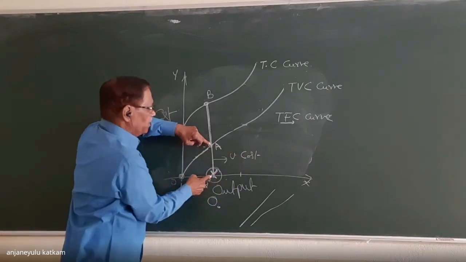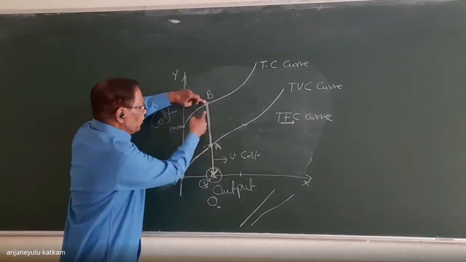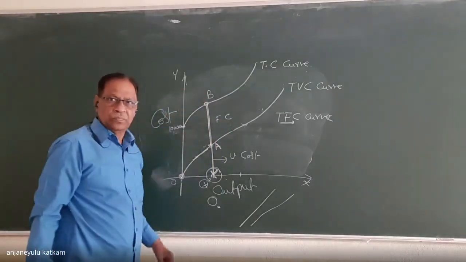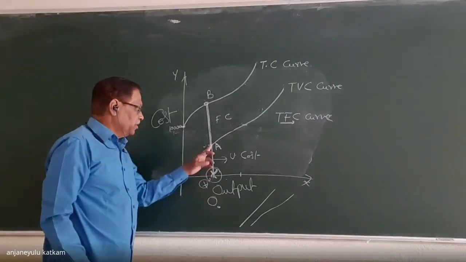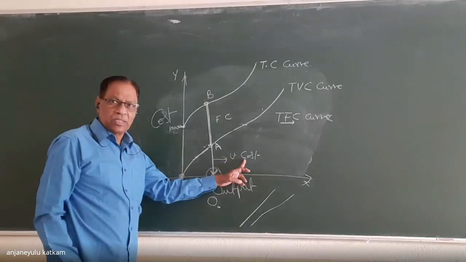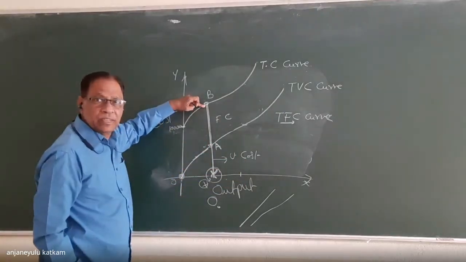Then from A to B is the fixed cost. So from here to this curve, the distance represents variable cost, and from point A to point B represents the fixed cost.